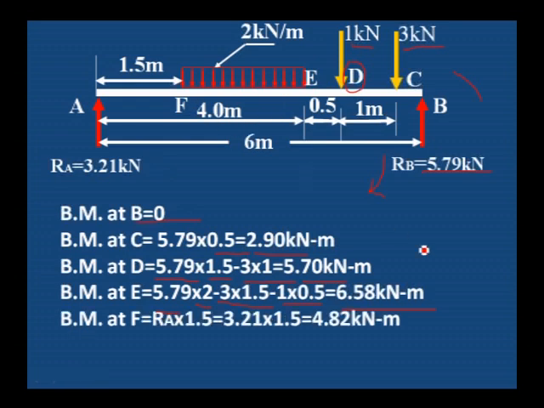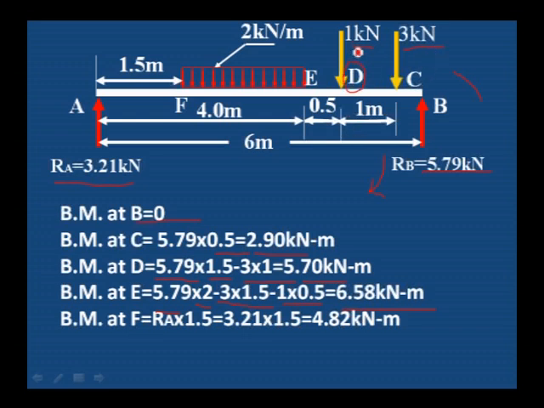To calculate the bending moment at F, instead of taking the right side of F, I am taking the forces on the left side, which is easy because on the left side of F only the reaction RB is acting. On the right side of F, the 2 kilonewton per meter UDL plus 1 kilonewton and 3 kilonewton point loads are acting.